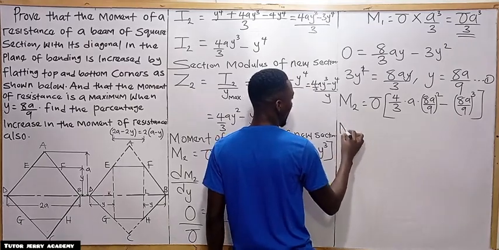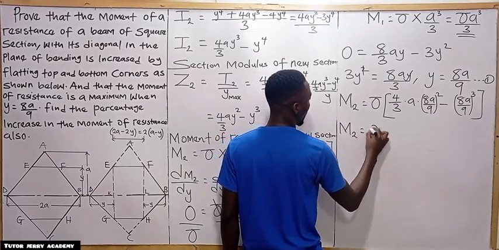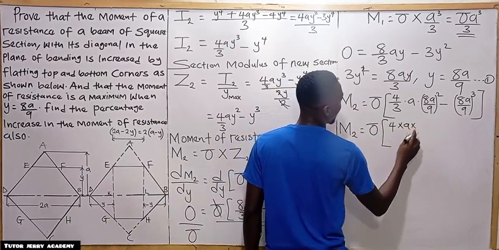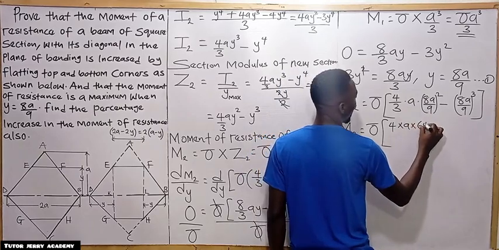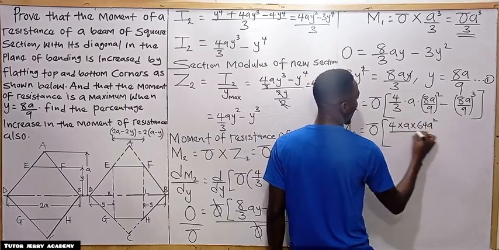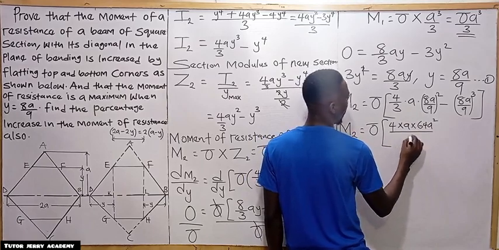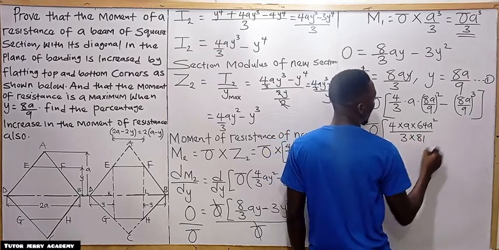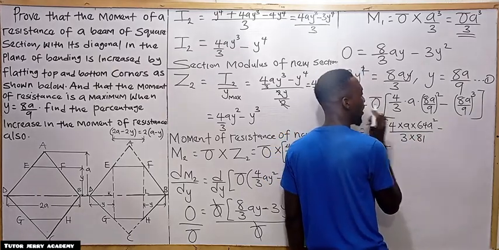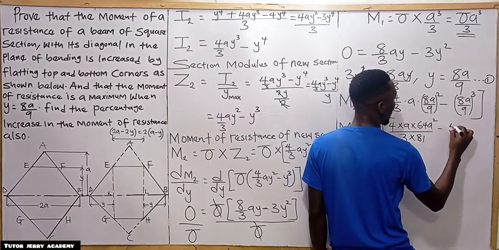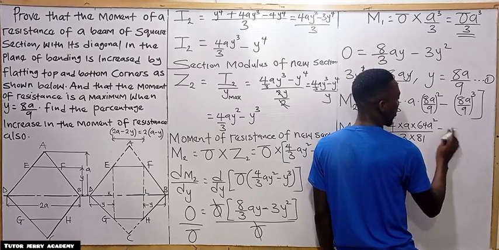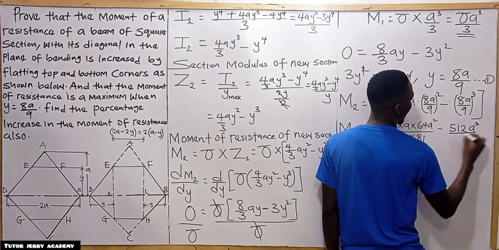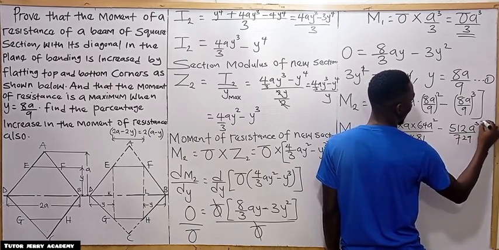So M2 will be equal to stress into 4 multiplied by a multiplied by 64 a squared all over 9 times 9 is 81, 3 times 81, then minus 8 to the power of 3 is 512, then this one is 729.